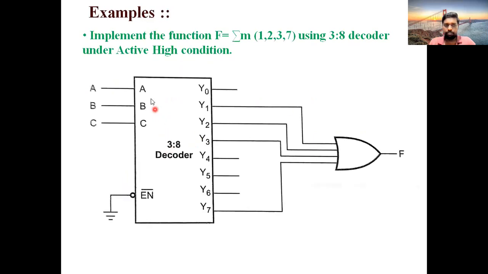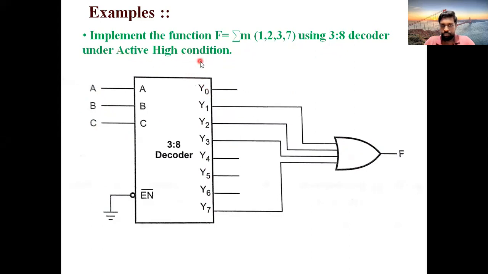This is the circuit. First of all, you should draw one gate. The given function is an SOP function, summation m, and the given condition is active high. So obviously you should take an OR gate for representing. First you draw the asked decoder: a 3-stage decoder with 3 inputs A, B, C and 8 outputs Y0 to Y7. You should be careful while drawing this diagram.